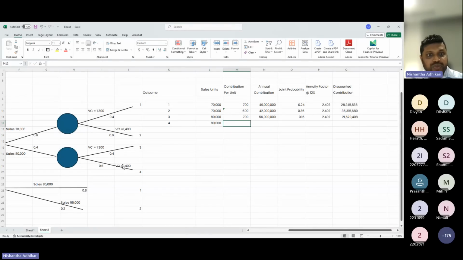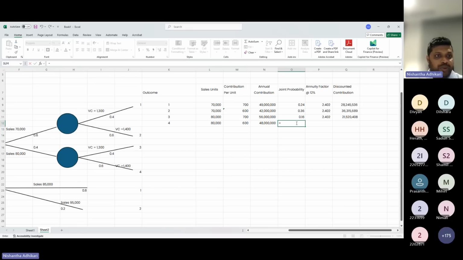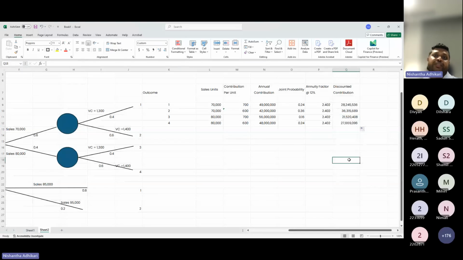Variable cost 1,400, and 2,000 minus 1,400 is 600. Then 48 million. Joint probability 0.4 into 0.6, 24%. Annuity factor, then you can calculate. 27 million. Now the entire branch I have completed.